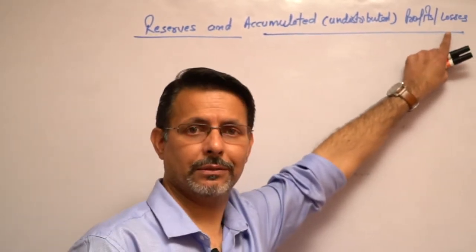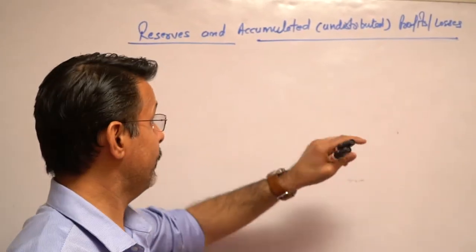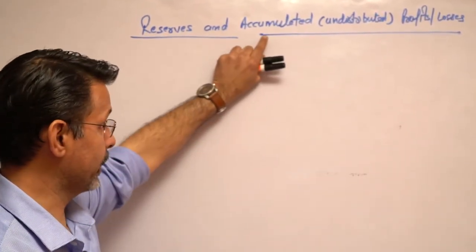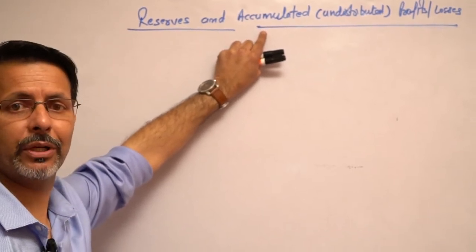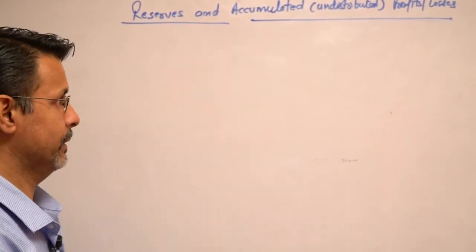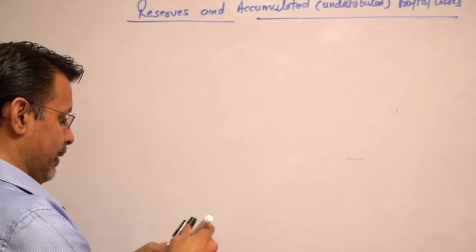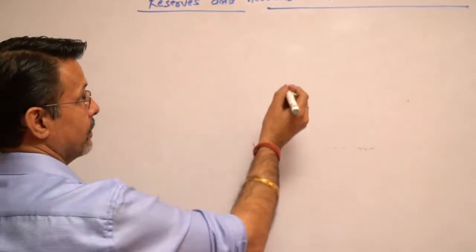Profit and losses, meaning the treatment of general reserve or undistributed profit or losses in the admission of a partner.